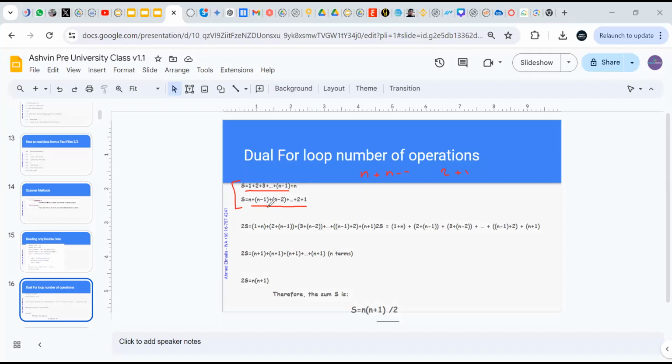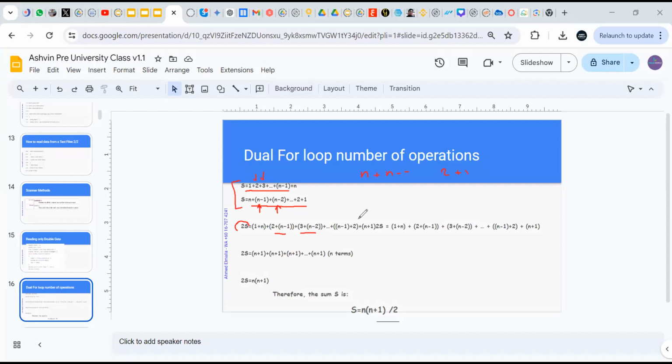Are we able to add these two equations, so that instead of 1s here and 1s here, it becomes 2s, and then we add 1 plus n, and then we add 2 plus n minus 1. So we add 1 from here, 2, 1 from here, 3, we add 3 to n minus 2, like here, and so on.